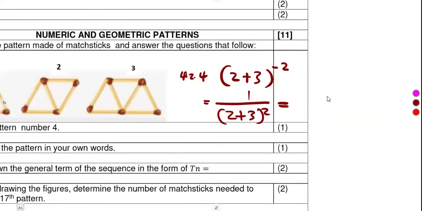And just like the previous case, we can add: 2 plus 3, that is 5, raised to the exponent of 2. So that's 1 over what? 5 squared, which is what? 25. 1 over 5 squared means 1 over 5 times 5. 5 times 5, which is what? 25. Just like that. You are done.